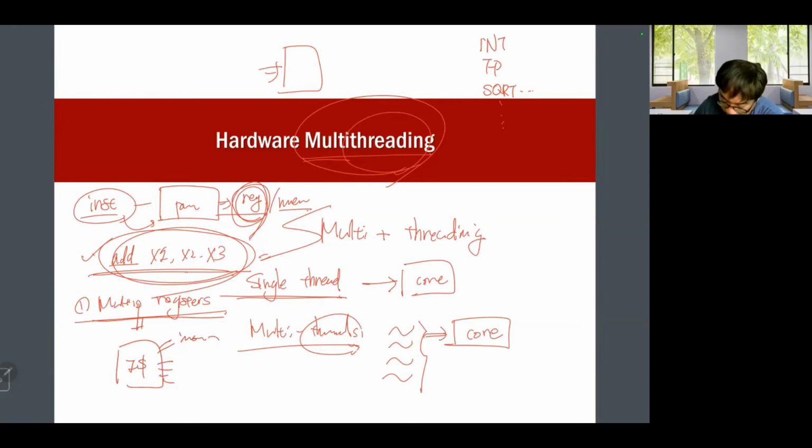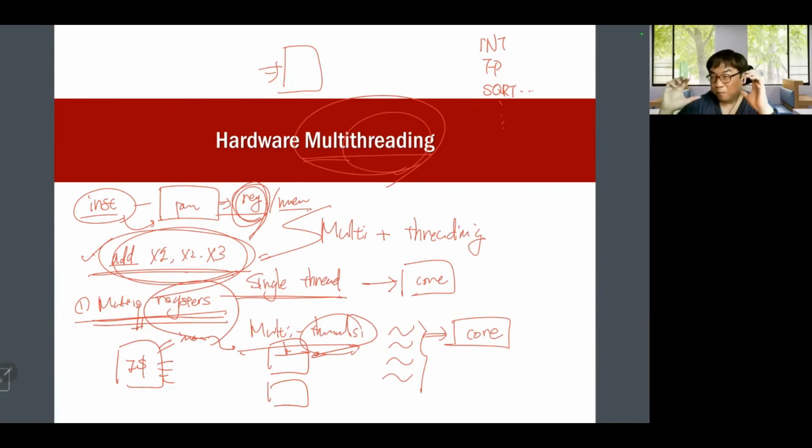And then these instructions are executed, and the result of each instruction is stored in the corresponding register file set. Okay, so this is a very fancy idea, right? It means that if we just add more register files for multiple threads, then we can implement multi-threading. This is the multi-threading idea.